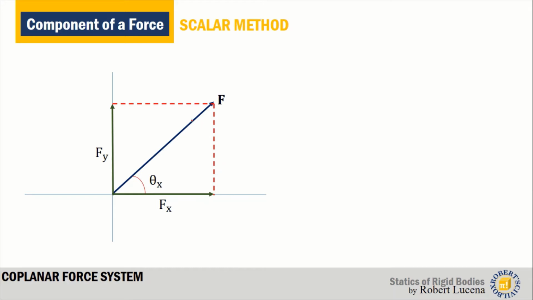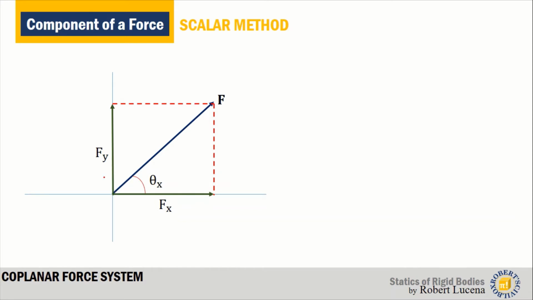If you want to use its components, you must omit the force. If you use the components, make sure you eliminate the force. And if you use the force, the resultant, you have to eliminate the components. So you have to choose whether you will use the force or the components.